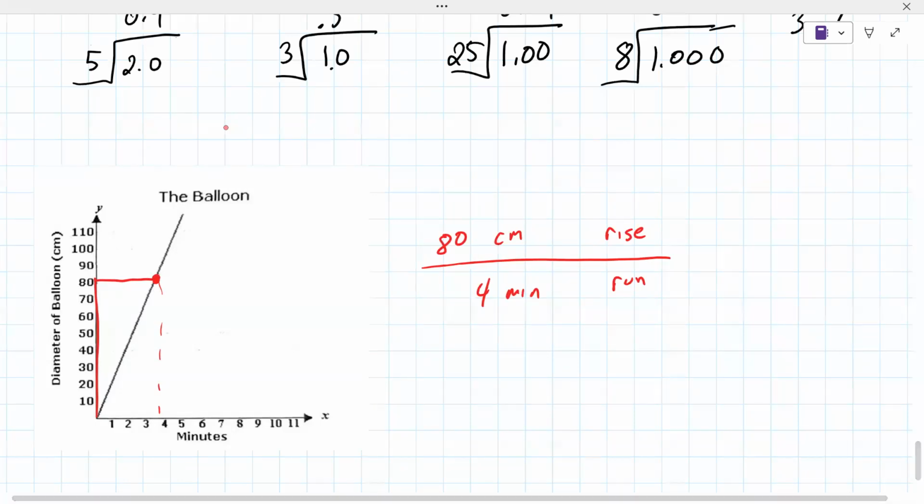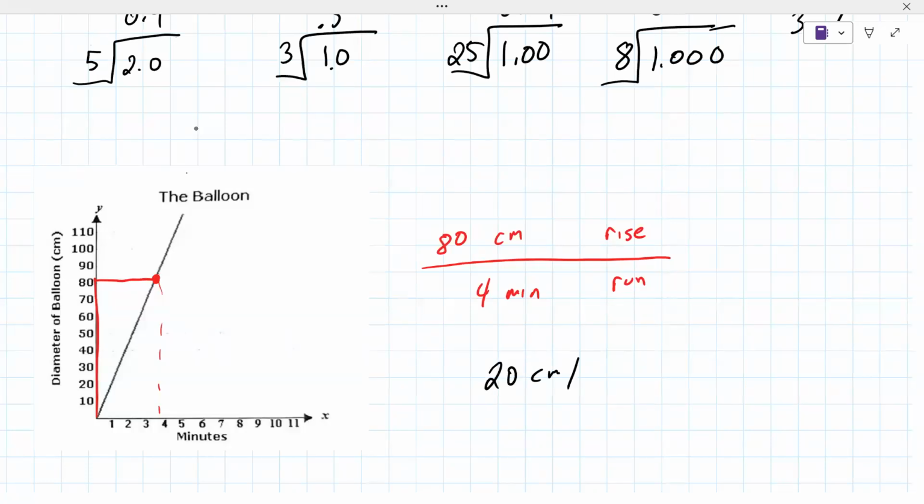Let's try that again. 80 divided by 4. 20. 20 centimeters per minute.